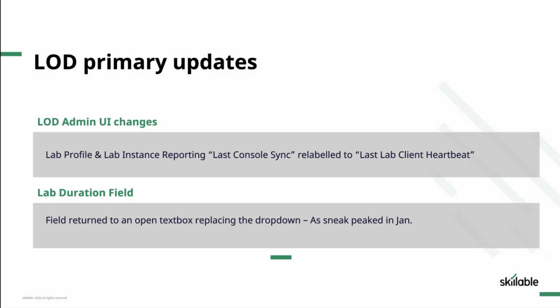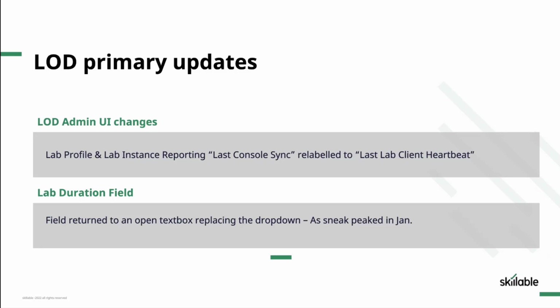I announced in that session that the box was going to be changed into something you could type into, and I showed you what the user interface was going to look like from our UAT based system. So just to confirm, that did happen, and chances are some of you have seen that within the platform.